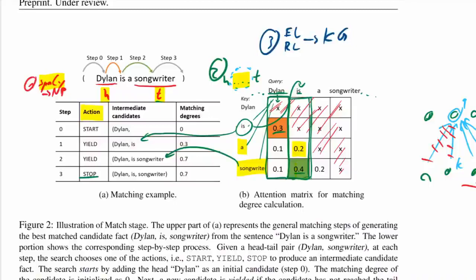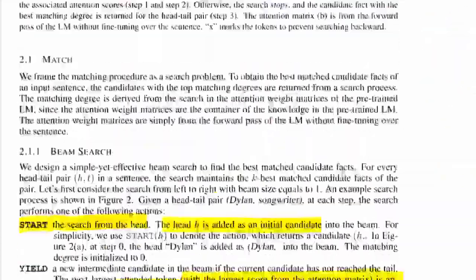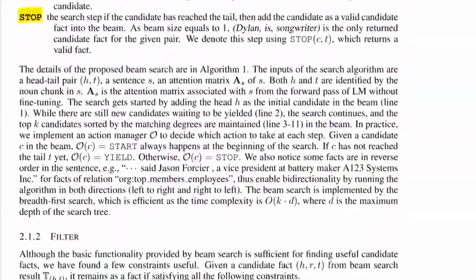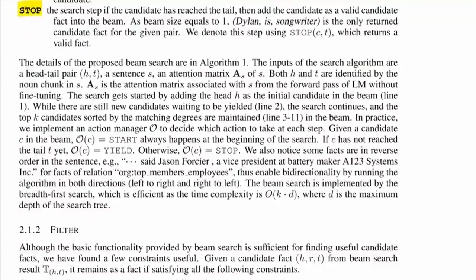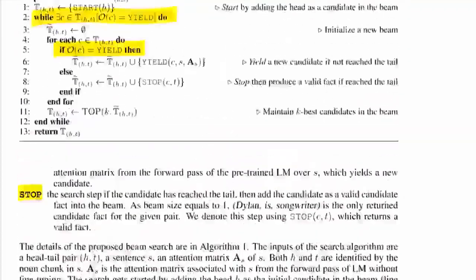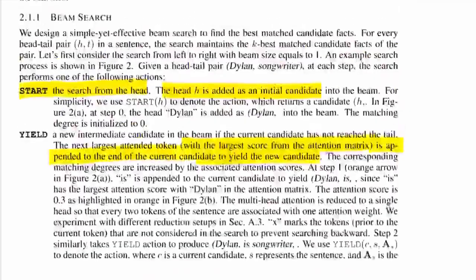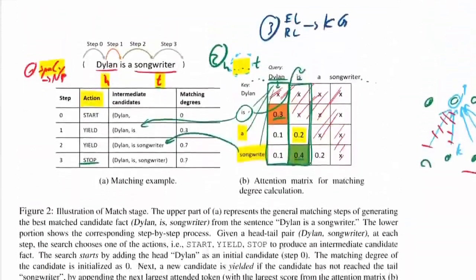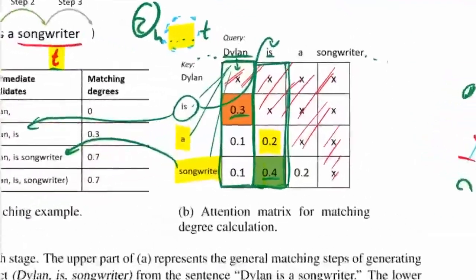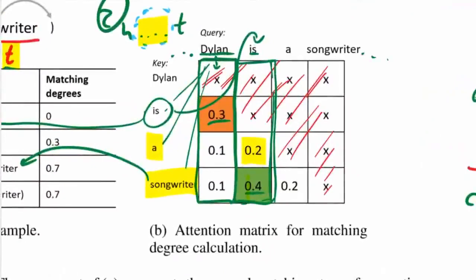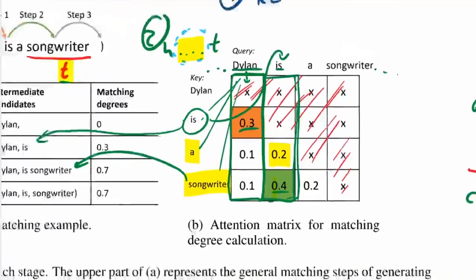But you can just generalize this, all right? So the description is a bit floppy with the whole actions and action manager and whatnot. The only thing they don't describe formally is how actually to select the next token, which is basically the entire meat of the algorithm.